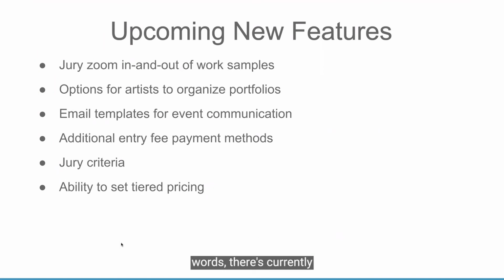In other words, there's currently no way to charge $30 for 1, 2, or 3 images, and then $5 for each additional image, because that would require 2 tiers or 2 ranges, in which $30 is for 1 to 3, and $5 is 4 to, let's say, 6, for example. So this new feature, though, would allow that to happen, in which you could have one entry fee for a range of images and a media fee for a different range of images.